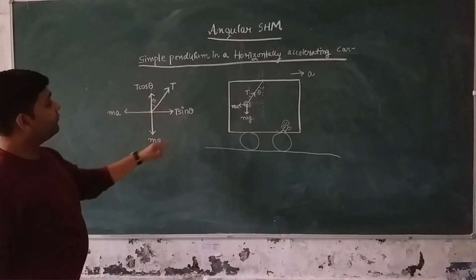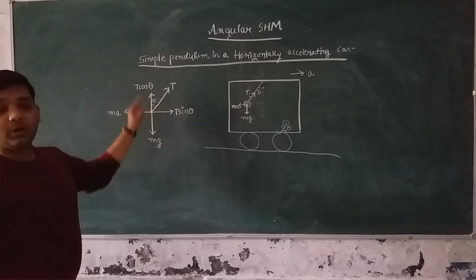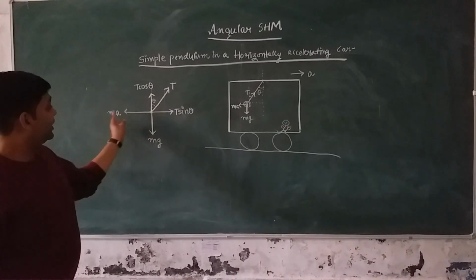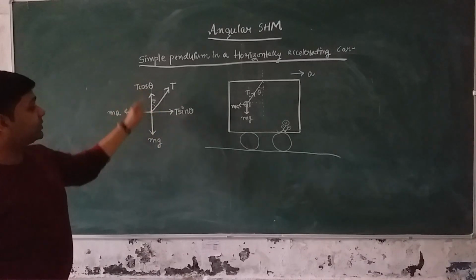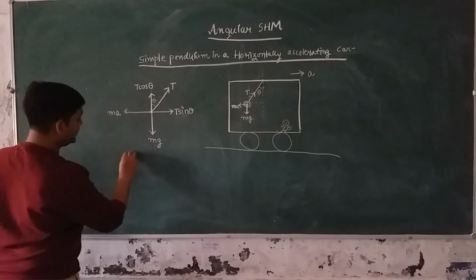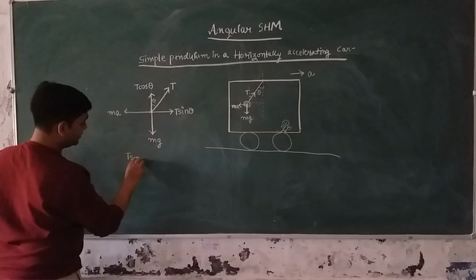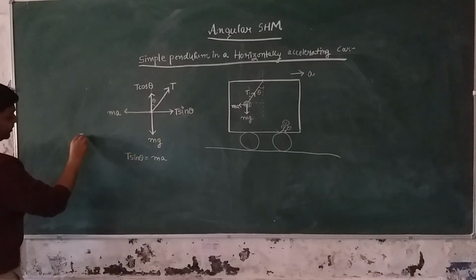So now for equilibrium position, all the forces in all the directions must be balanced. In horizontal direction also the forces must be balanced, and in vertical direction also the forces must be balanced. So we must have T sin theta equal to ma.